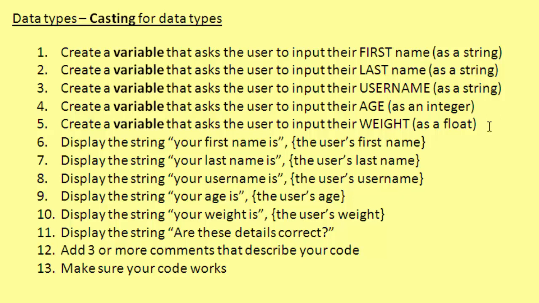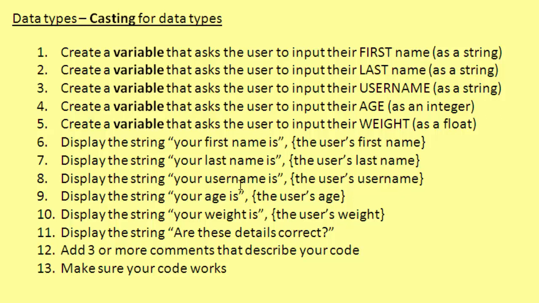So like kilograms or whatever it is, maybe you weigh like 50.34 kilograms, who knows, all right? But you're just putting the number in, not the units, just the number. Number 6, display the string your first name is, and then the user's first name. Number 7, display the string your last name is, then the user's last name.